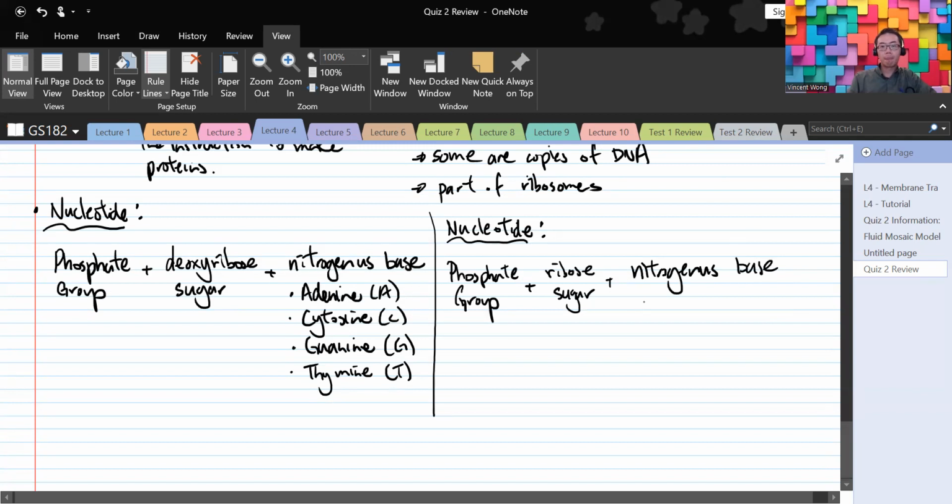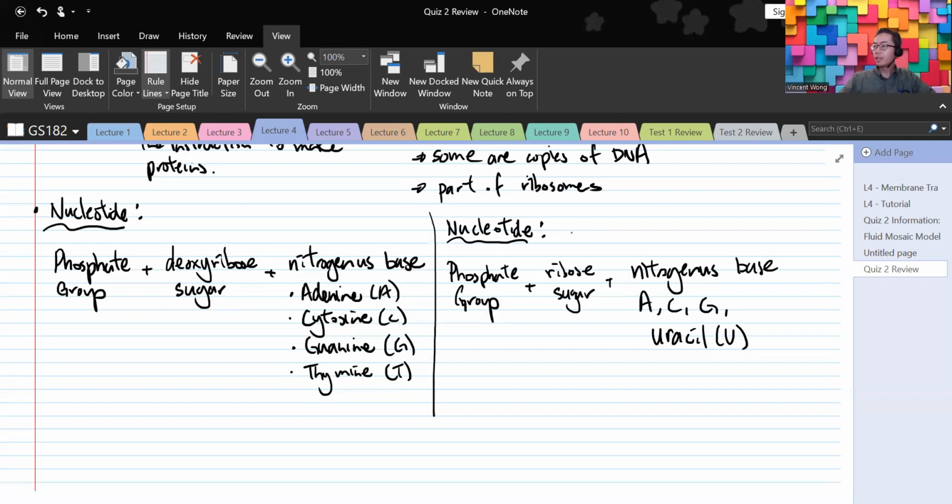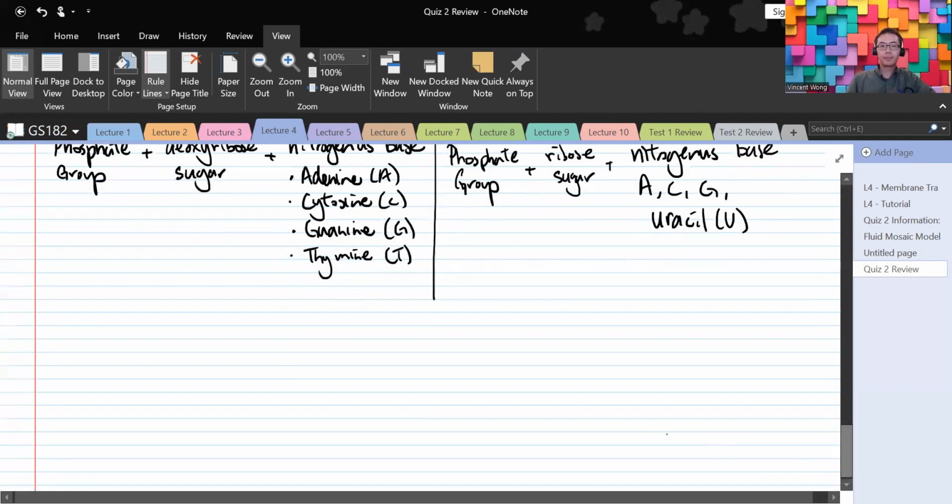So you have basically the same stuff. There's the A, C, G, but instead of thymine, you will have the uracil, which is U. So no thymine; it is replaced by uracil. I think that's a good comparison right there.